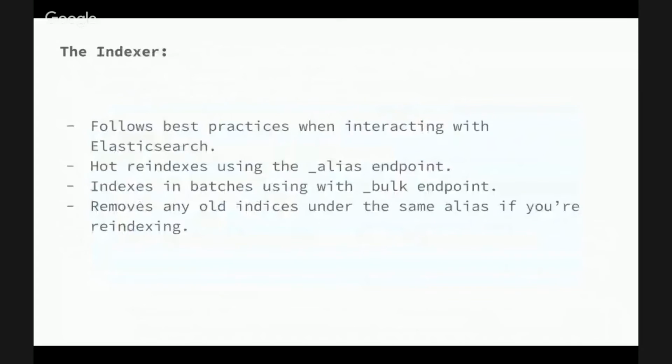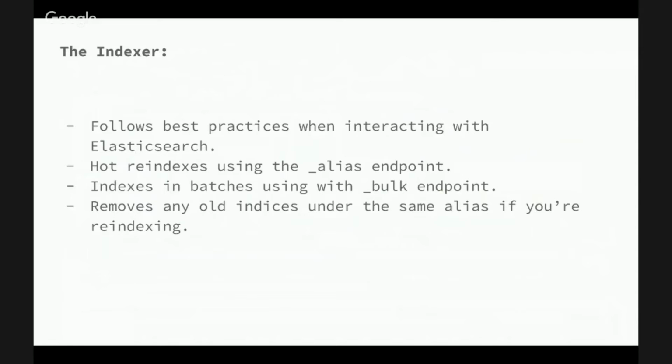The indexer itself is pretty big, so I didn't want to post everything into the slide, but it does a lot of really cool things. It follows best practices when it comes to how you index to Elasticsearch and how you reindex. It does something called hot reindexing using the alias endpoint for Elasticsearch. It also indexes all of your posts in batches using Elasticsearch's bulk endpoint.